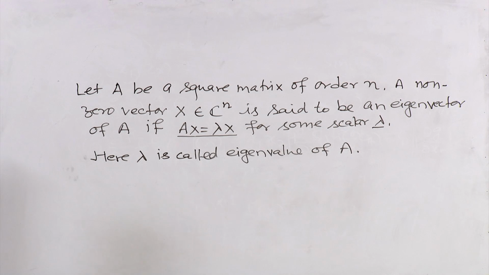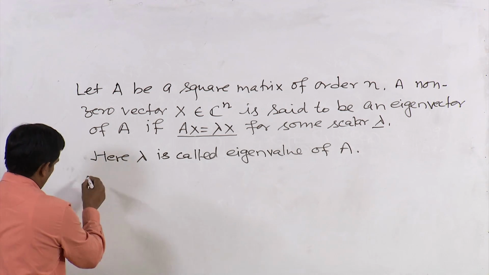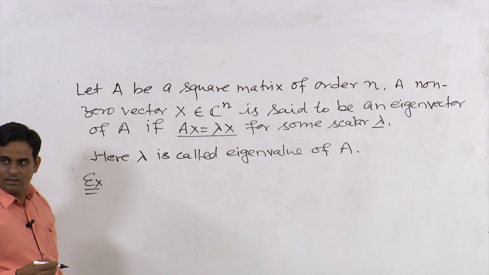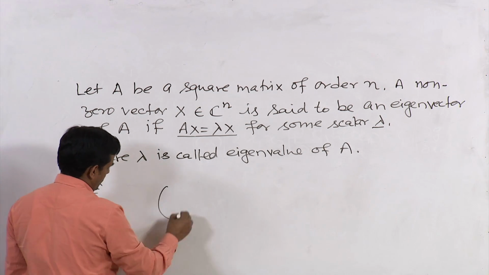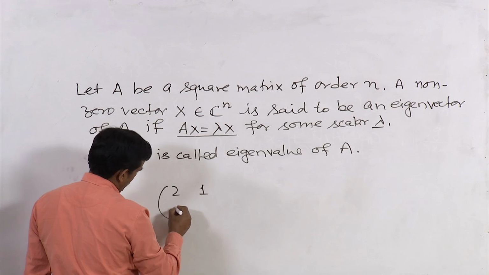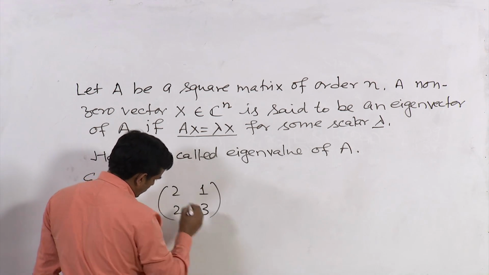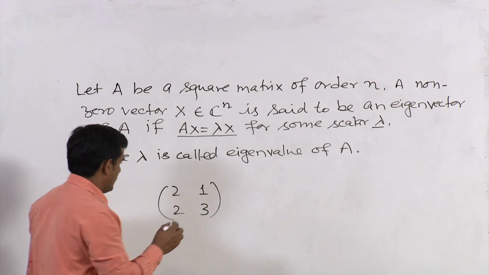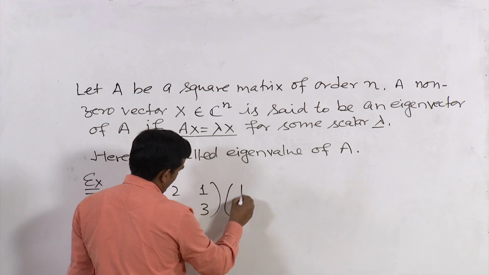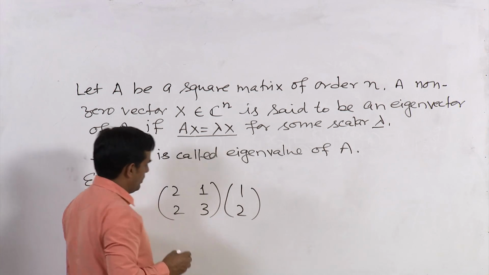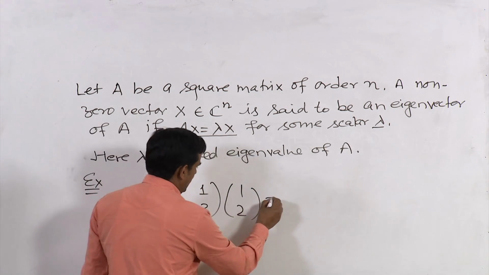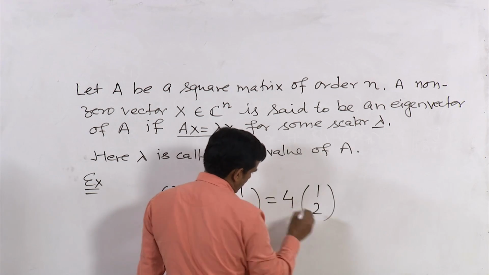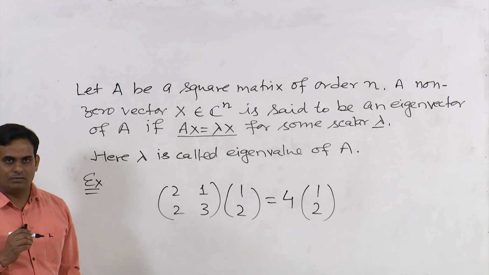For example, take a 2 by 2 matrix, [2 1; 2 3]. So, if I take a vector, let us say (1, 2), then A times this vector I can write as 4 times (1, 2).